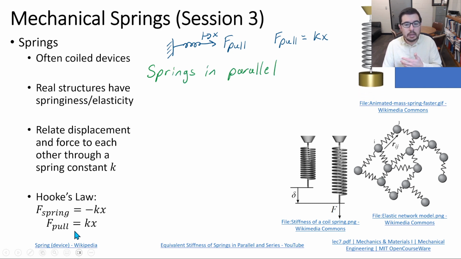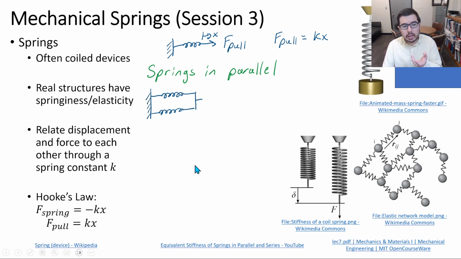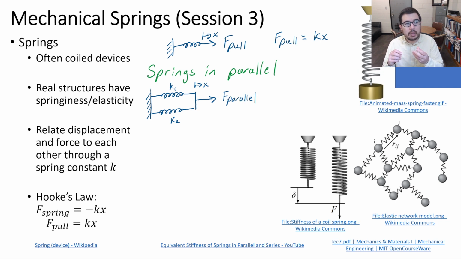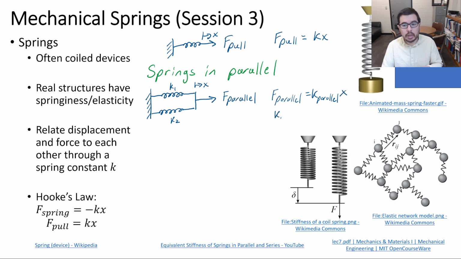Okay, and again, when we think about springs in parallel, we think of them potentially getting stronger and stronger. Okay, and we think of them being added to each other. Okay, like this. So K parallel here is K1 plus K2.